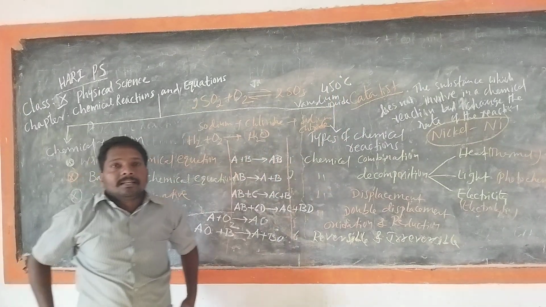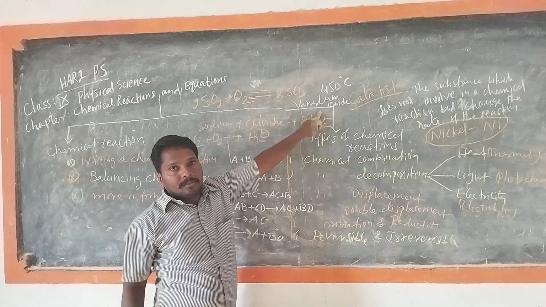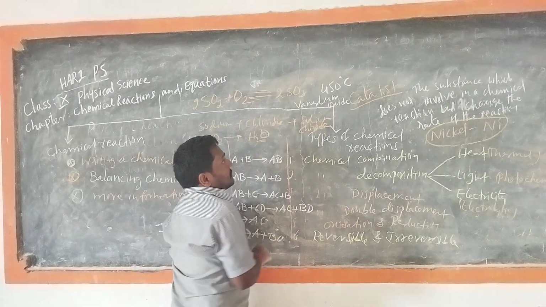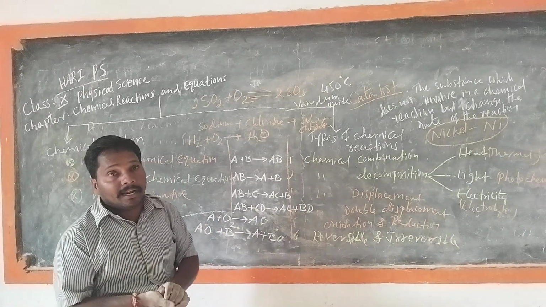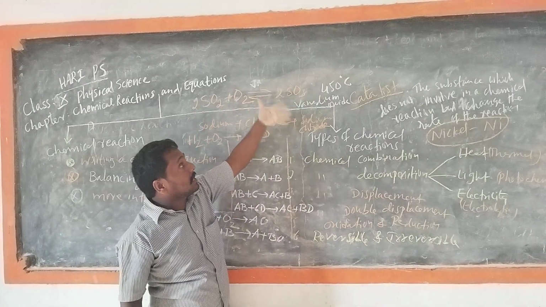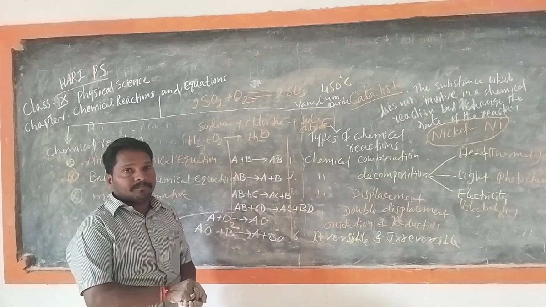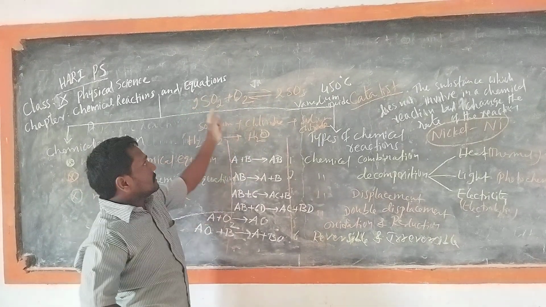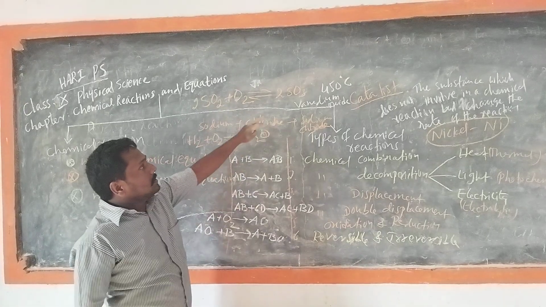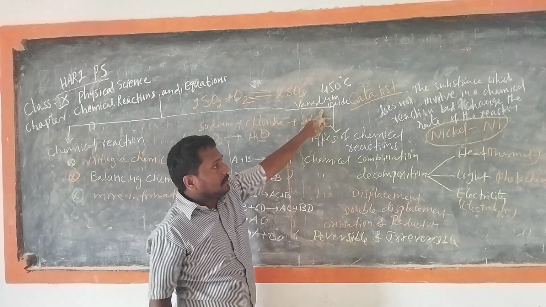Sulfur dioxide combines with oxygen and forms sulfur trioxide, and sulfur trioxide again forms sulfur dioxide and oxygen. So this happens in the presence of vanadium oxide.